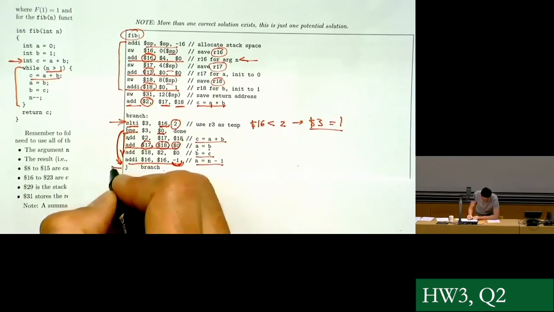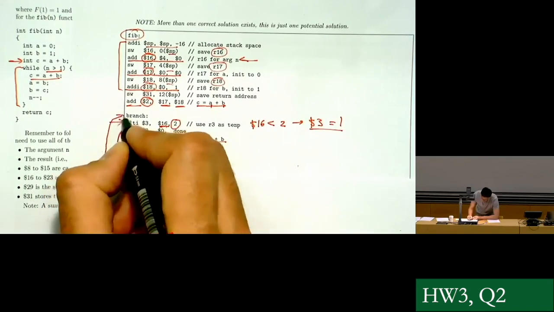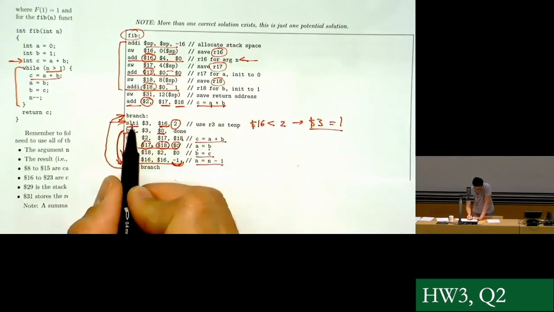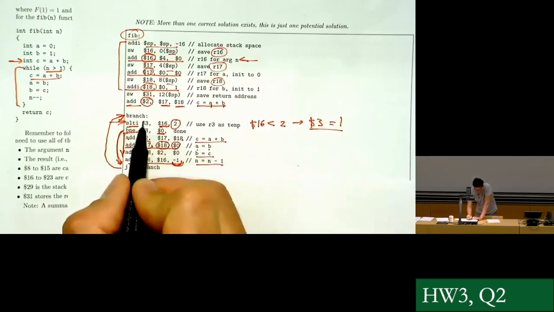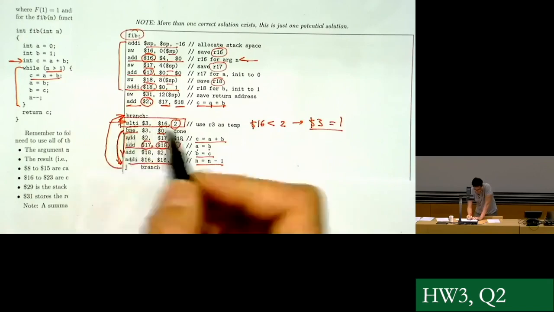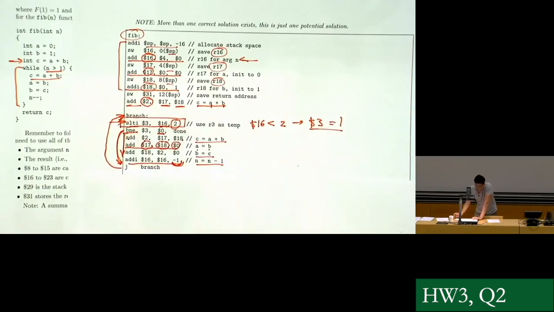Right after that, we have this unconditional branch, this jump instruction, to start again and evaluate the content of register 16 that contains n. So we repeat this as many times as needed.